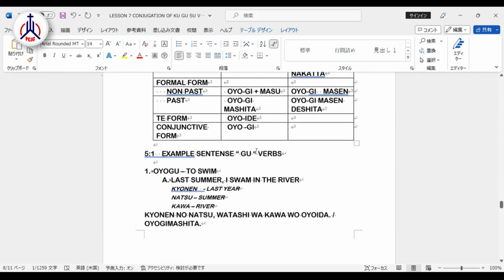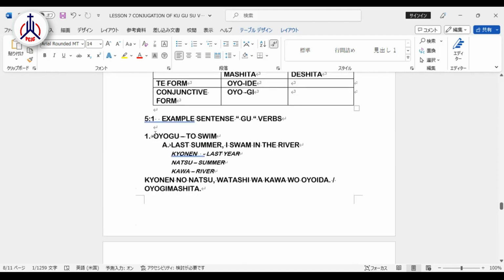Let's try this. Oyogu means to swim. Okay. Last summer, I swam in the river. Okay, this is past tense because of swam, right? I swam in the river, and last year indicates that it is already past.